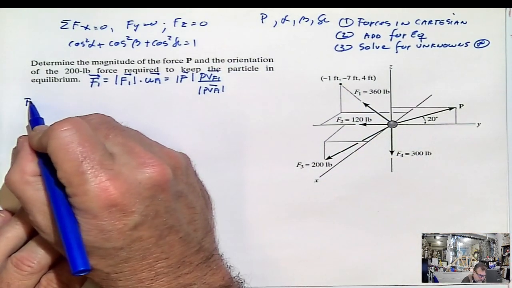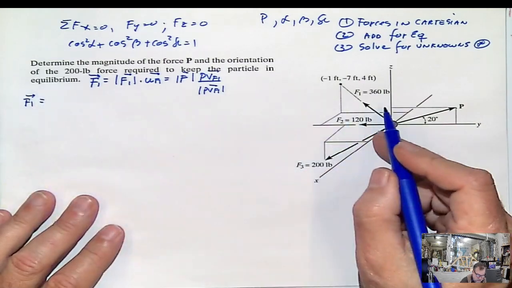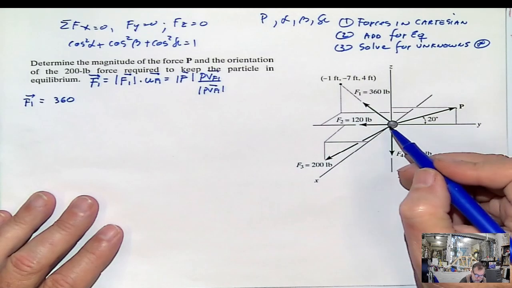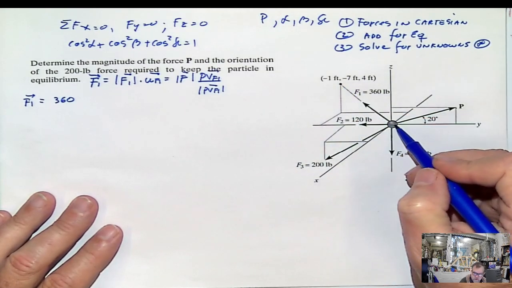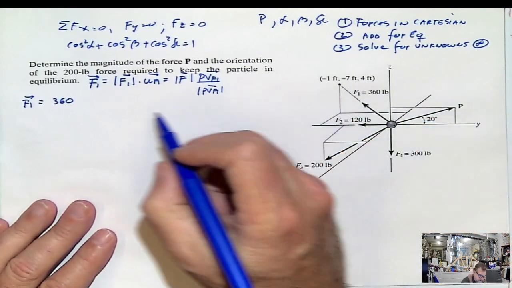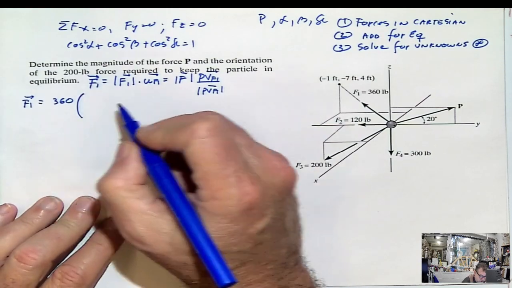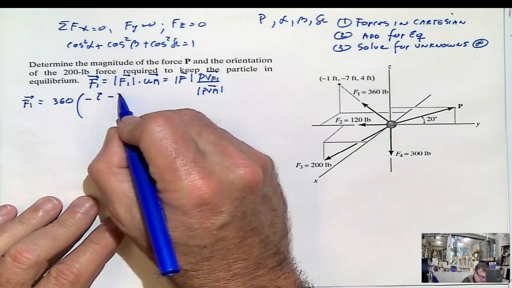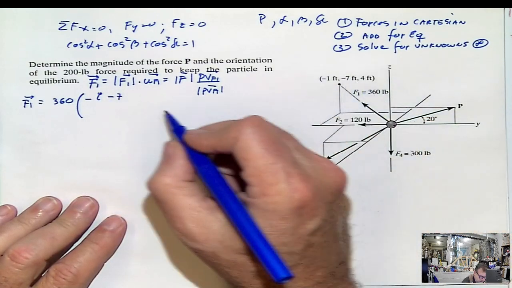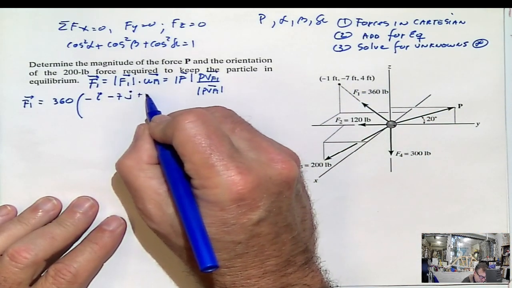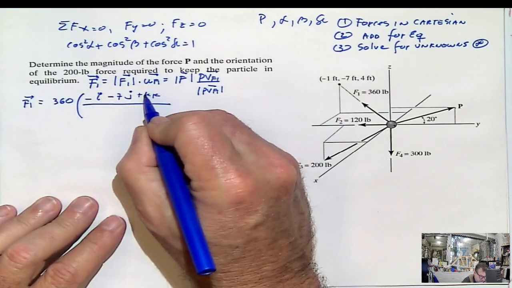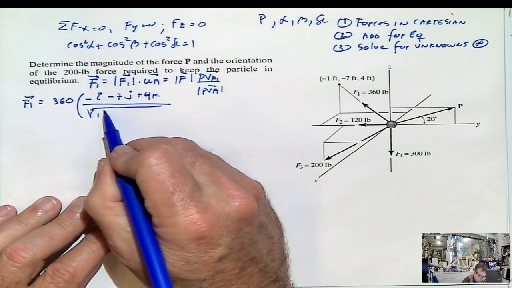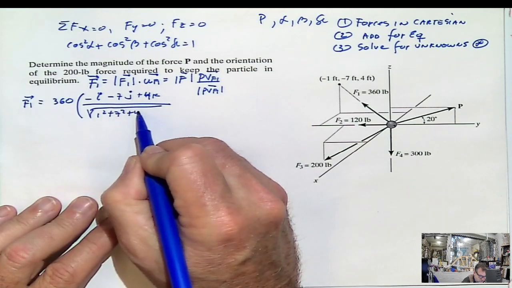So force 1 will be the magnitude of force 1, 360, times the position vector, these coordinates minus these, which are 0, 0, 0. So basically, that will be negative i, negative 7j plus 4k divided by the magnitude of that position vector, square root of 1 squared plus 7 squared plus 4 squared.